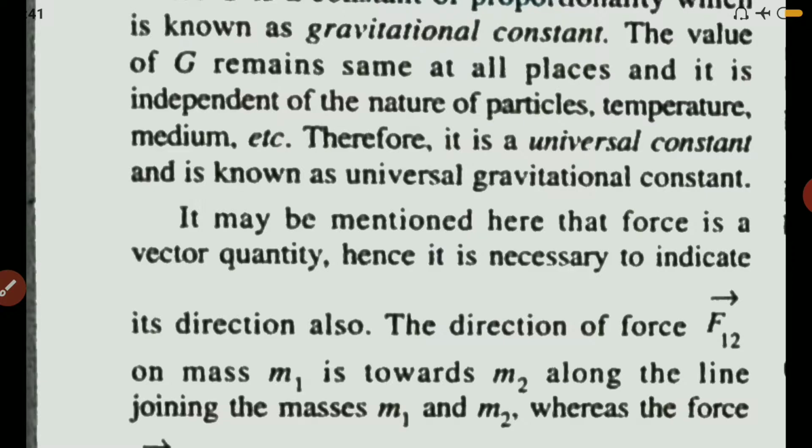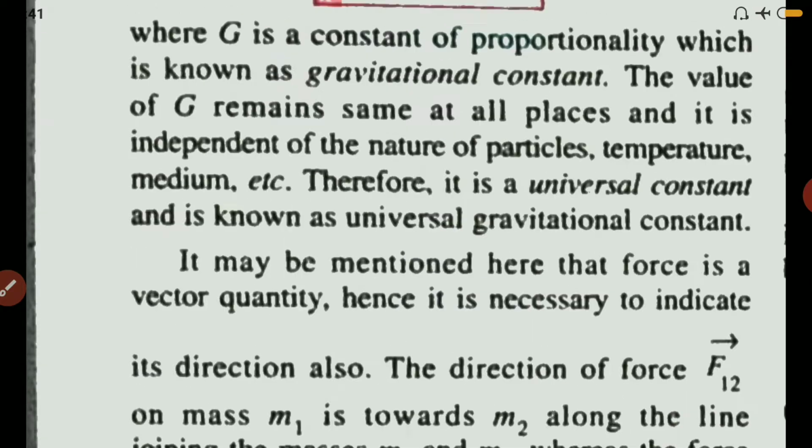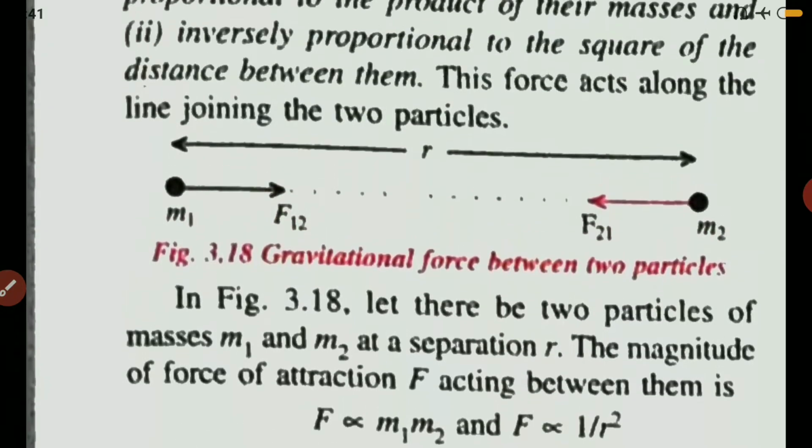It may be mentioned here that force is a vector quantity. Hence, it is necessary to indicate its direction also. So the direction of force F12, which was the force on the mass m1 because of the mass m2, should be towards m2 in this figure.